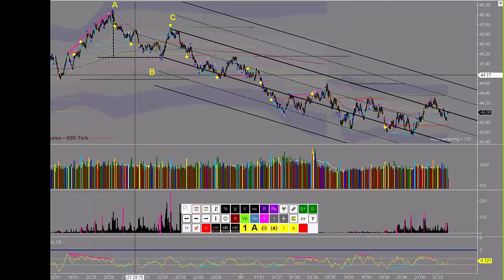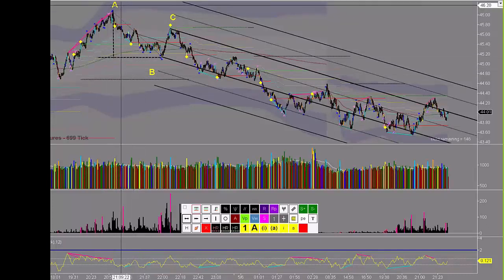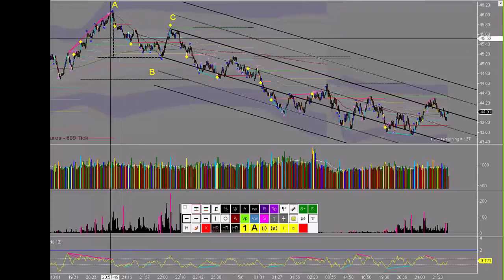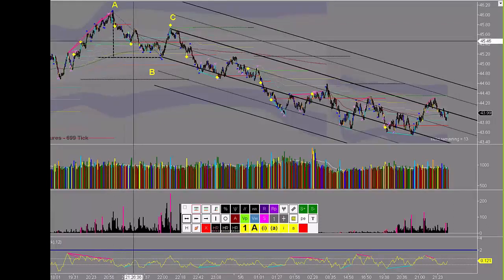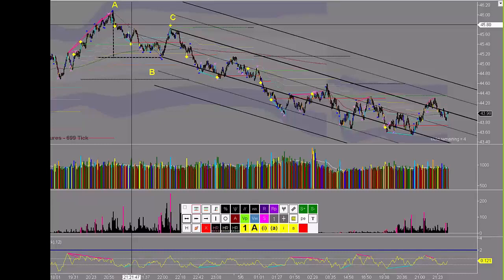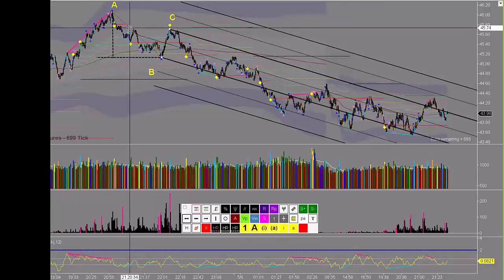All right, so can everyone see that? So see how with a modified Schiff, we've moved 50% down in price and also shifted 50% forward in time. So that's really the difference between the three pitchforks.